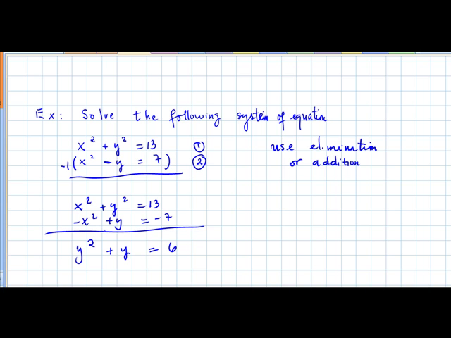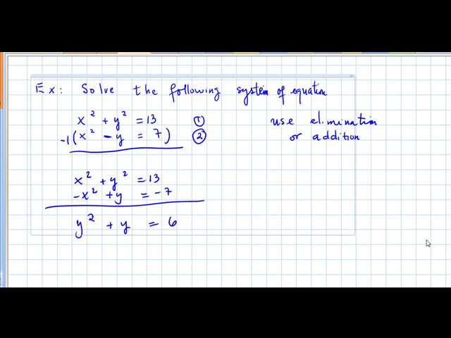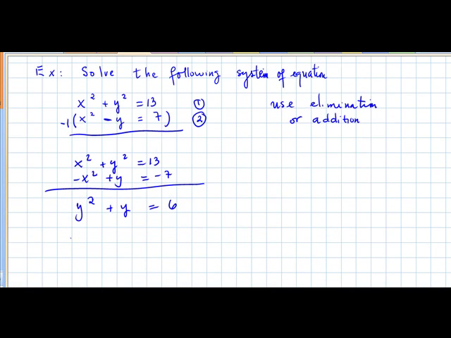Now I see that we have a quadratic equation in y, and we can solve this by factoring. So to do that, I'm going to subtract 6 from both sides to get 0. Then I'm going to factor.